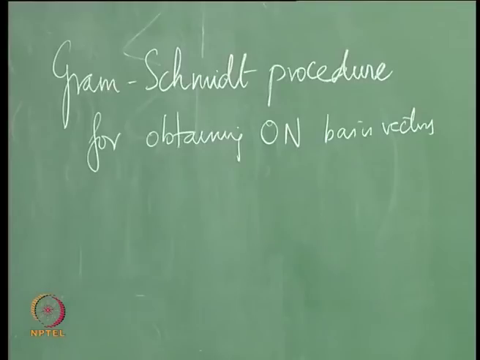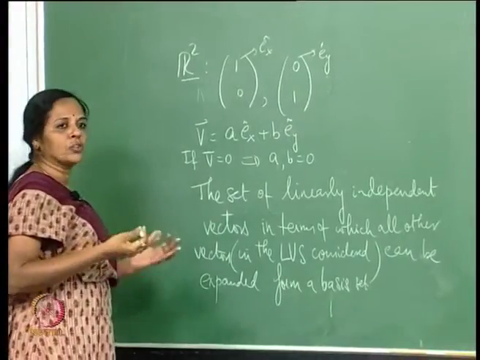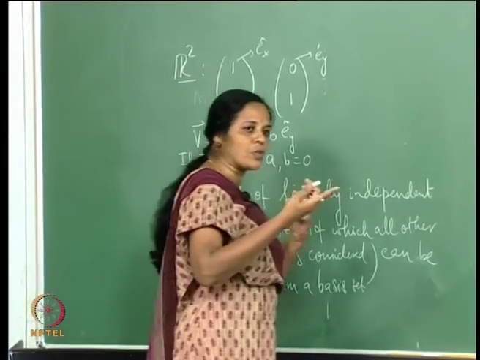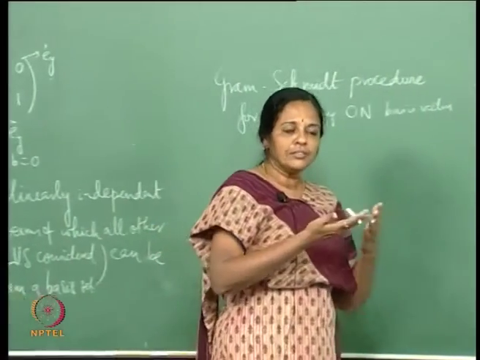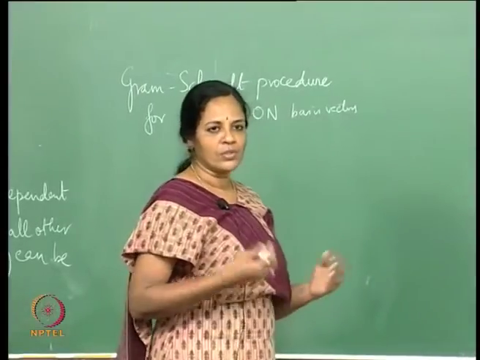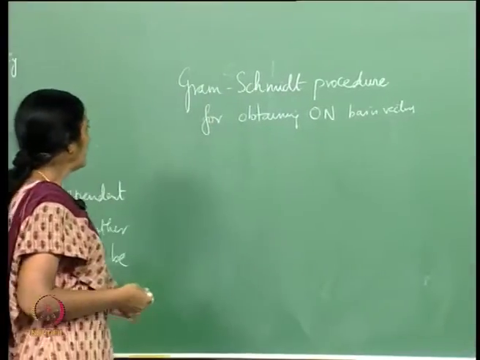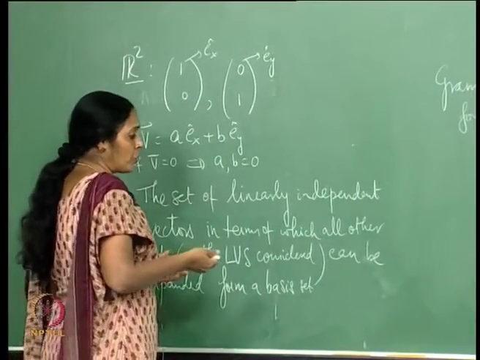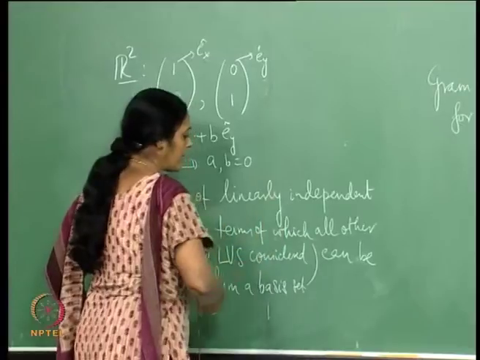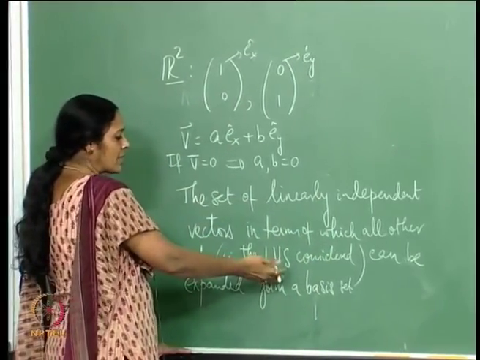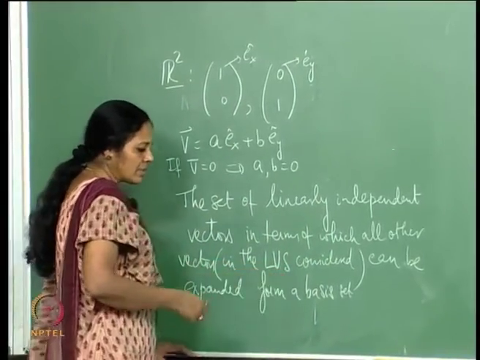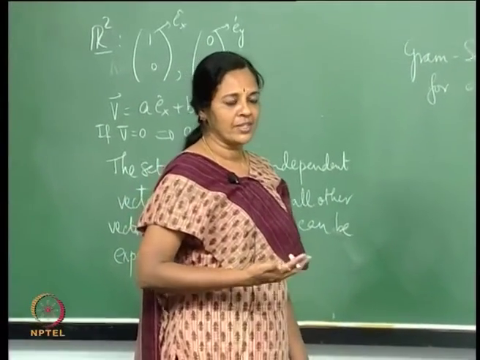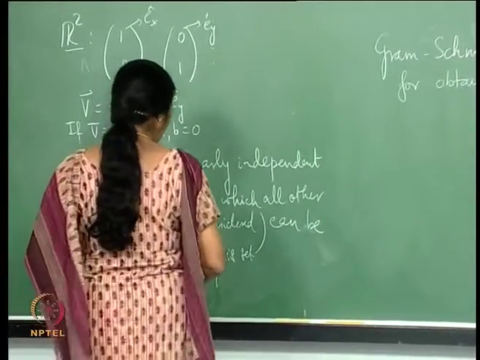So, when I say basis states, I mean a set of orthonormal states which are linearly independent. I mean that the Gram-Schmidt procedure has already been used if initially the set considered was not an orthonormal set. And having used the Gram-Schmidt procedure, we obtain a set of orthonormal linearly independent vectors which form the basis set. So, when I say basis set, I assume that orthonormalization has already been done.